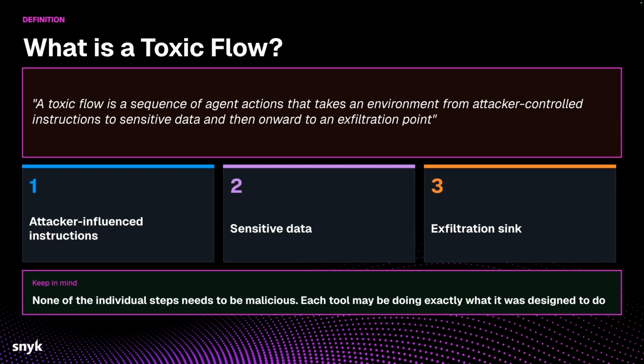Also, something to keep in mind is none of the individual steps need to be malicious. Each tool may be doing exactly what it was designed to do. If you think about it, because I described to you the legitimate workflow at the start, you would assume the developer would use Jira and GitHub and Cursor in a legitimate way, but still, you can leverage some entry points and apply malicious methodology in it.